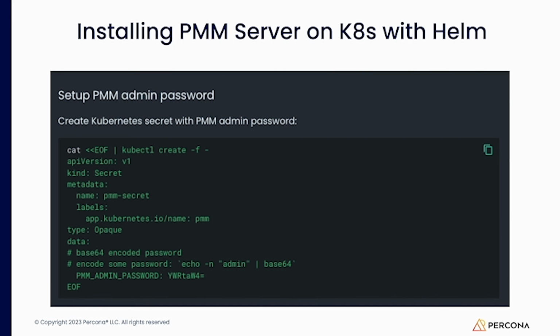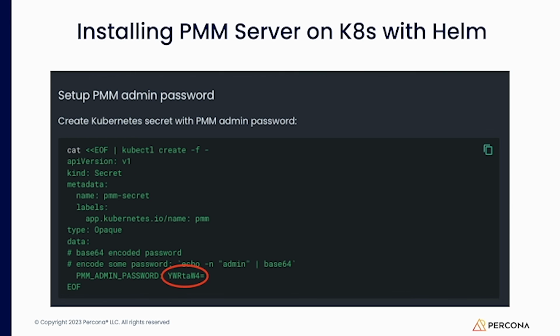To monitor an operator, you need first a PMM server. Now in Kubernetes, you can install it with Helm. Helm is a package manager for Kubernetes. It's really easy to install PMM with Helm. First, you have to set up the admin password with this command.